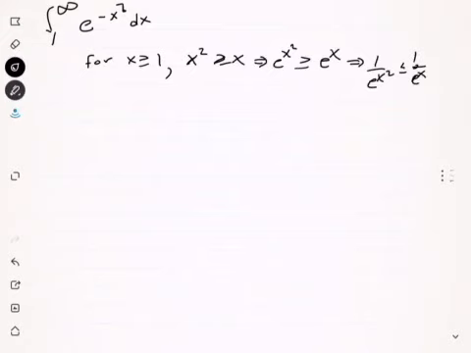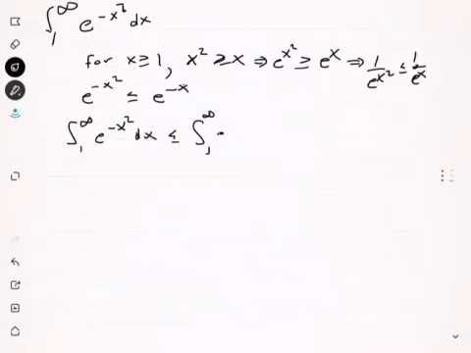In other words, e to the minus x squared is less than or equal to e to the minus x, as long as x is bigger than 1. So this integral from 1 to infinity of e to the minus x squared dx is smaller than or equal to this integral from 1 to infinity of e to the minus x.